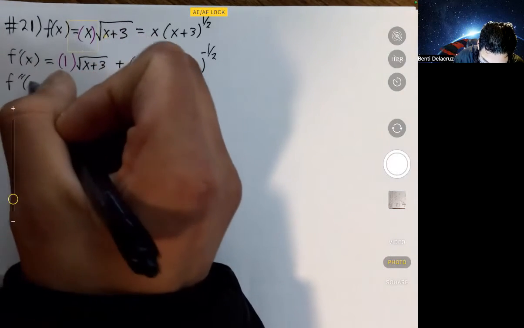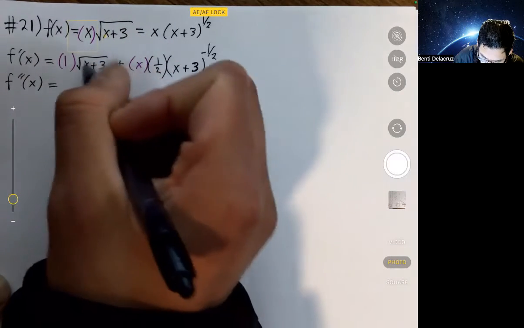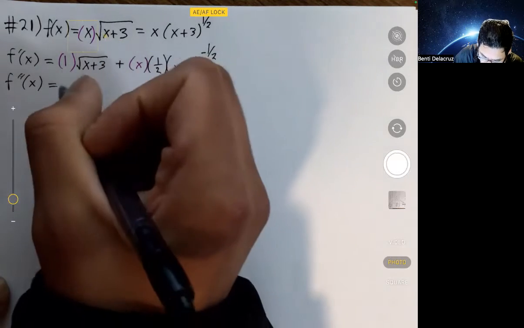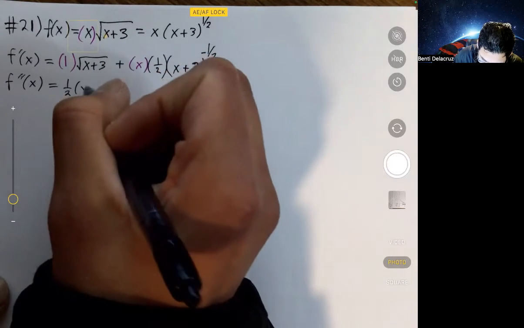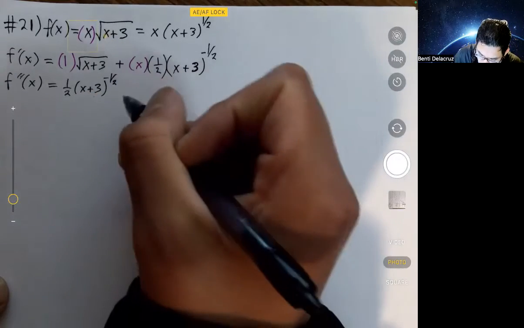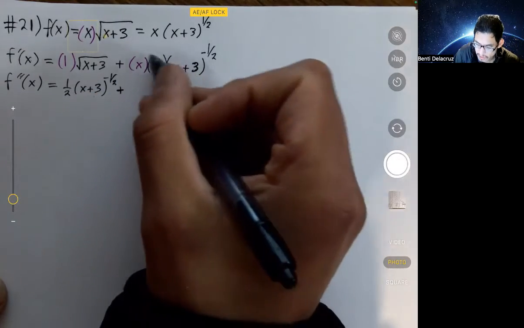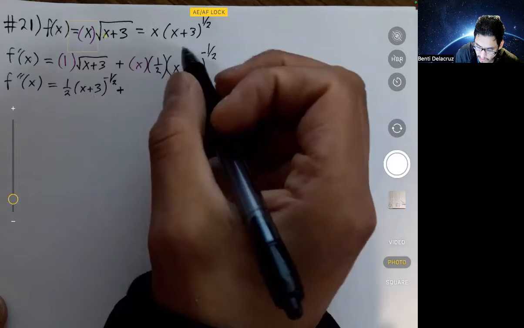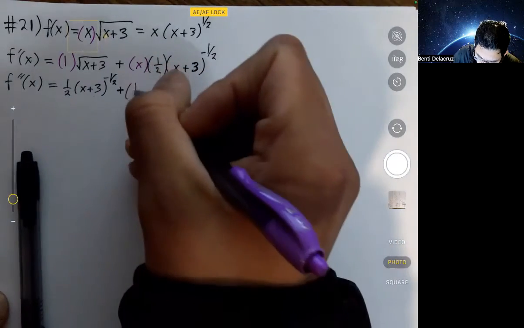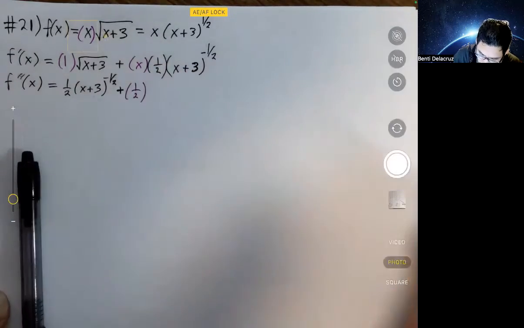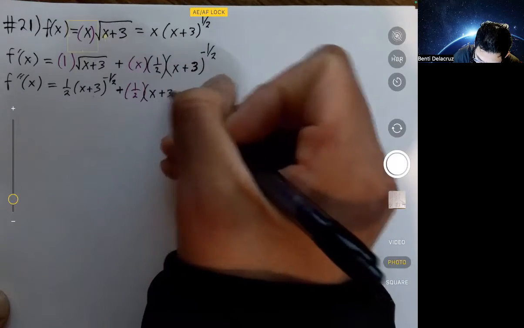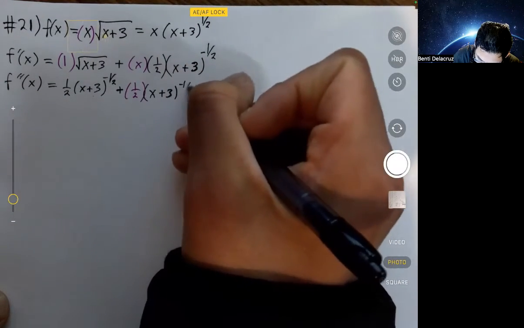For the second derivative, we're going to use just the regular power rule here. This is just using x plus 3 to the 1/2. So let's do 1/2 times x plus 3 to the negative 1/2, plus, this is 1/2 x is our first function. So we take the derivative of 1/2 x, so this will be 1/2. Keep this as is, x plus 3 to the negative 1/2.